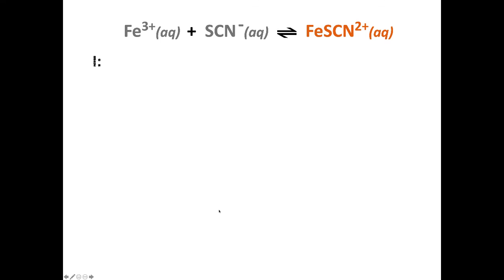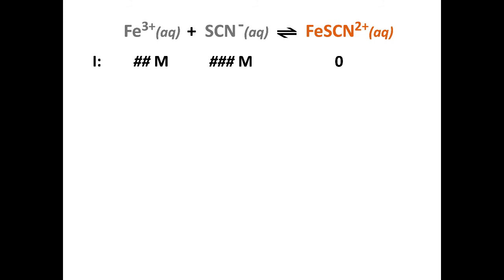So for one of them, Fe3+ has a certain concentration, and SCN- has a certain concentration, and they won't necessarily be the same. And again, our initial is we imagine we could somehow mix them together and they hadn't yet reacted. And so we don't have any FeSCN2+ that's been formed yet.